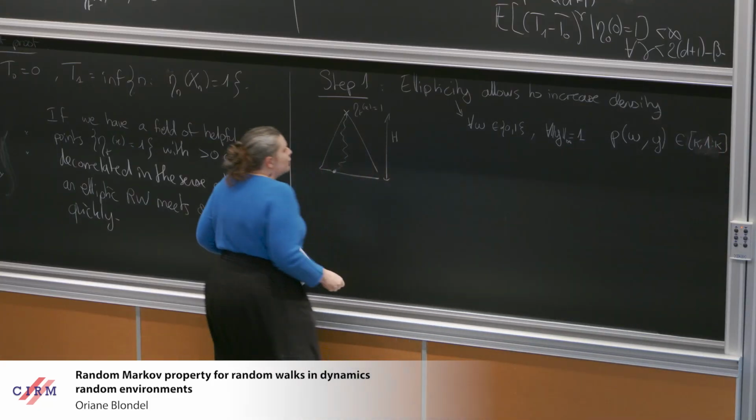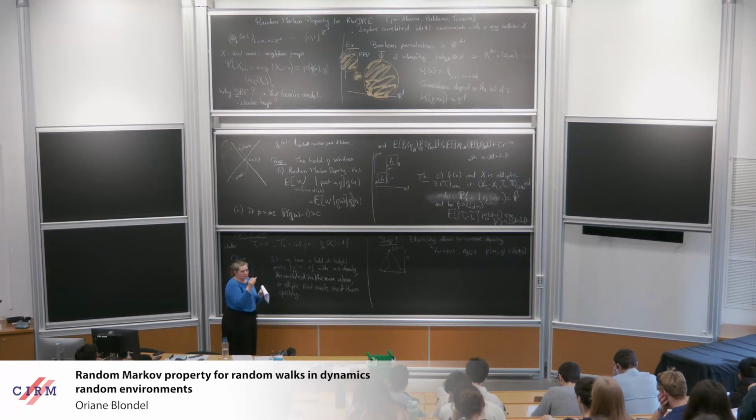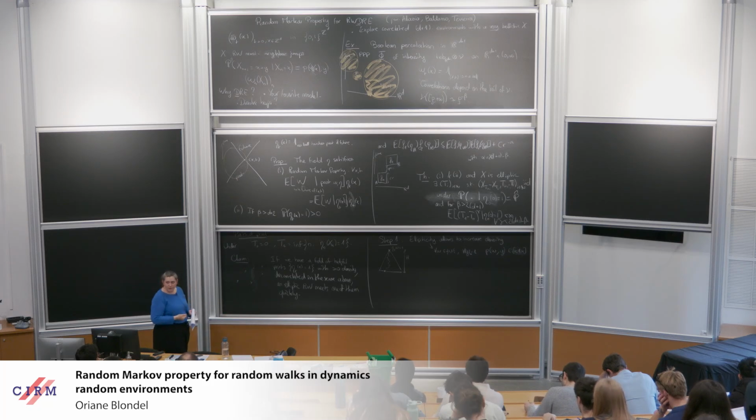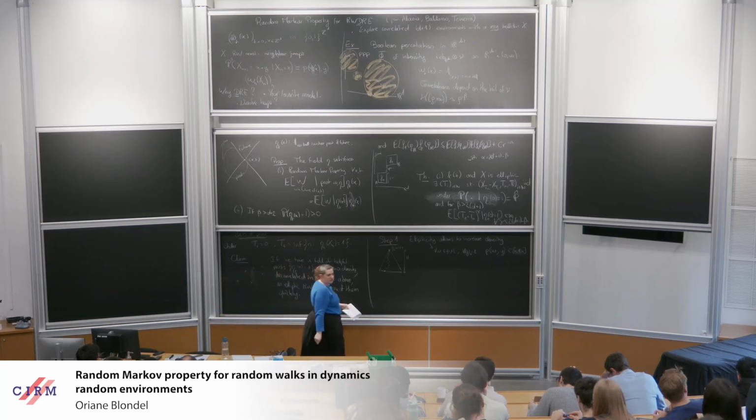So what I want to say is that there is a way to build this random walk in random environment by looking at the environment, sampling a uniform random variable independent from all the rest. And depending on where this uniform lands in the interval 0, 1, you are going to apply some instruction.